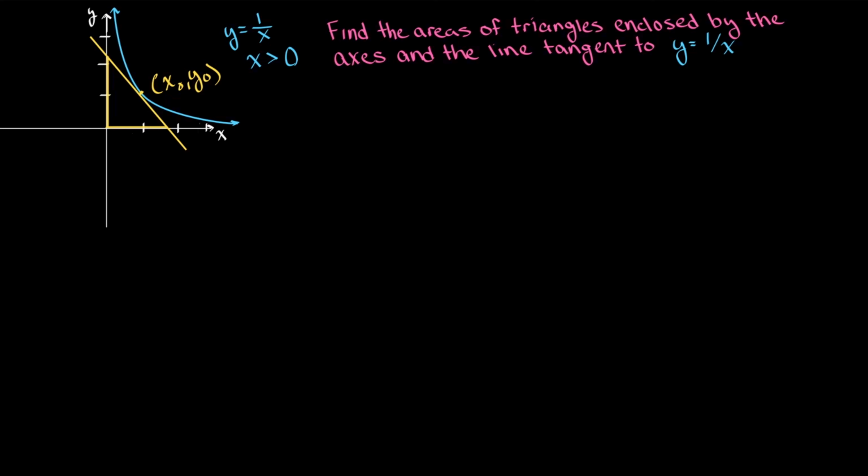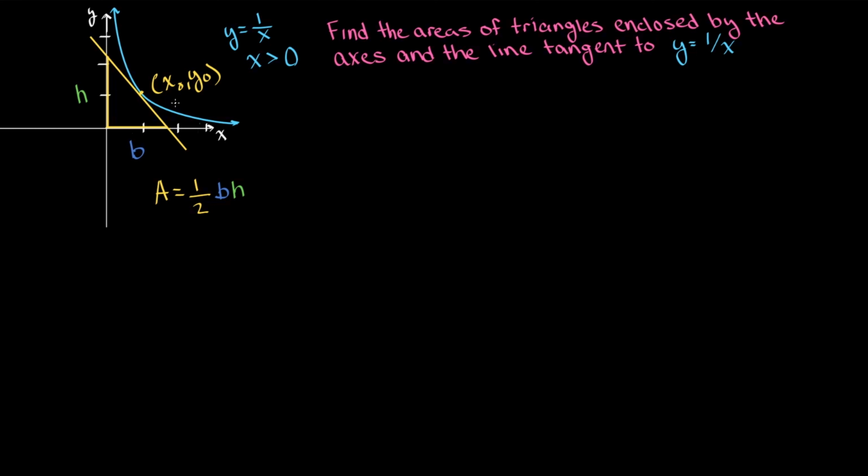Let's call this the base of the triangle, and let's call this the height of the triangle. So we know the area of a triangle is 1/2 base times height. And really what we need to do is figure out what the base and the height are. In order to do that, you can see that we need to get a grip on what this tangent line is.